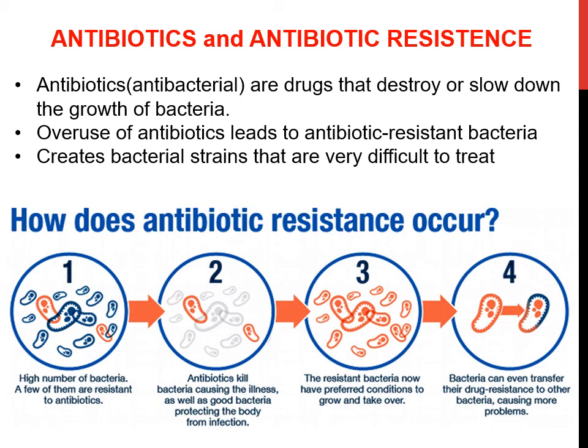So that's the primary role of an antibiotic, to either stop the growth of bacteria or to destroy and kill the bacteria. Now, overuse of antibiotics has led to antibiotic resistant bacteria. And we'll talk about that in a minute.